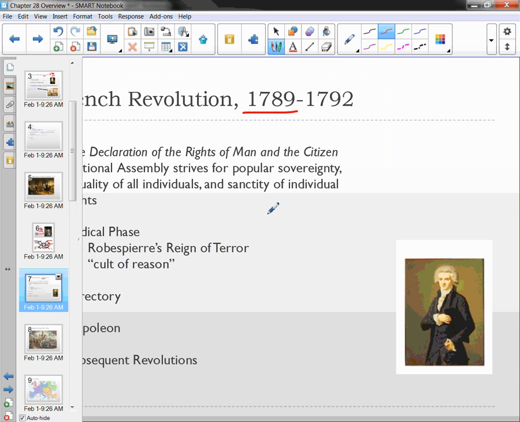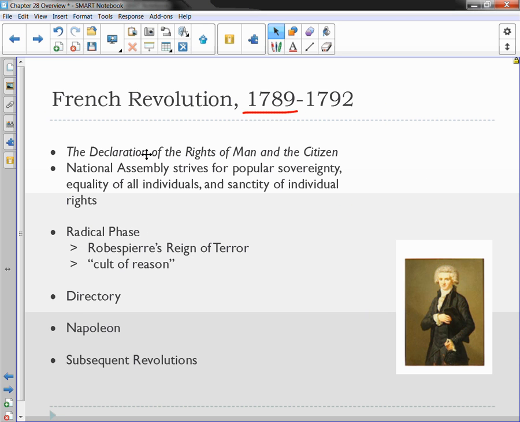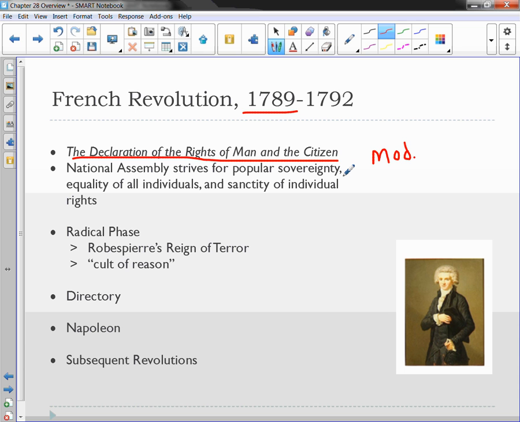And then they do. They issue the Declaration of Rights of Man and Citizen eventually in their Estates General. This is kind of a moderate revolution. They allow the king to maintain power, but they start to take hold of more authority.